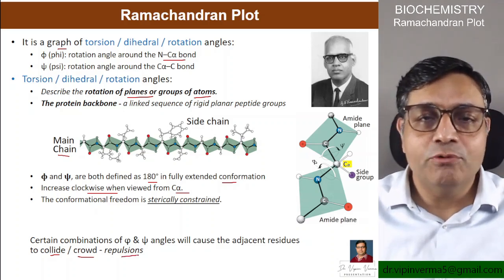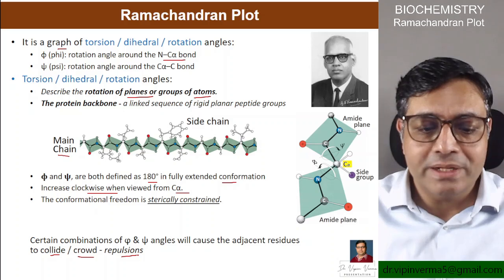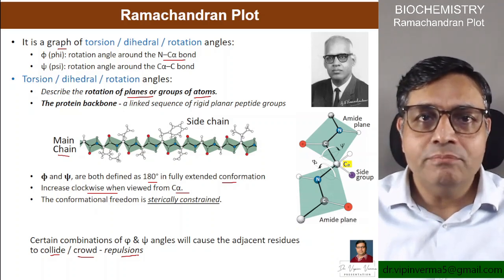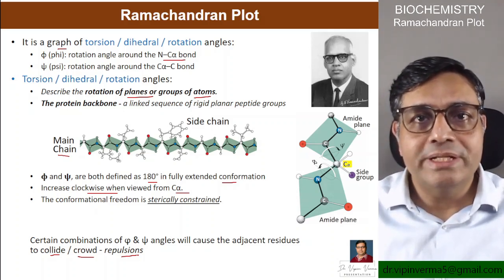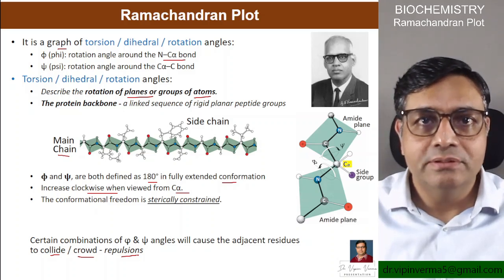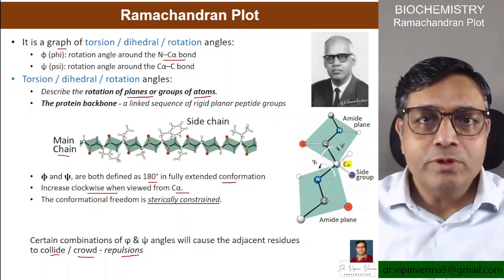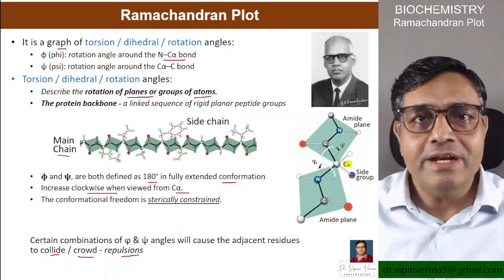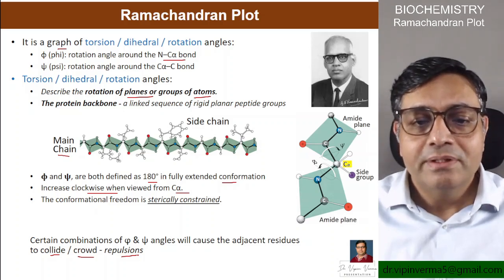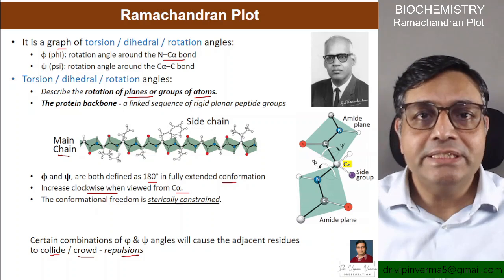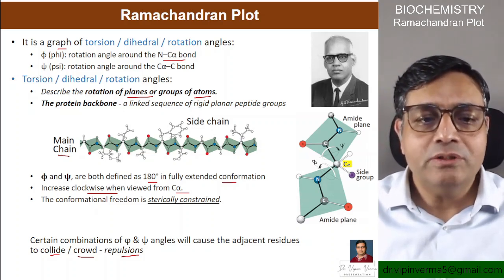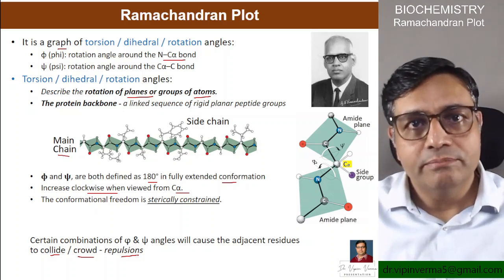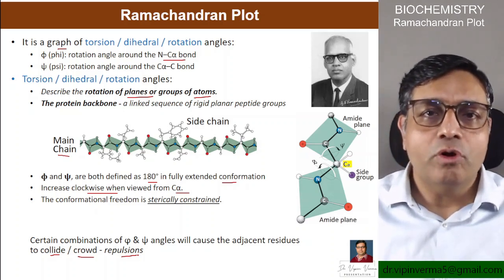So basically, when bulky groups come in close proximity, they start repelling each other, or they become very crowded, so they prevent any chemical reaction. So the protein has to adopt a conformation which can allow all the atoms to have minimum collision or minimum crowding. So this is what the Ramachandran plot tells you.